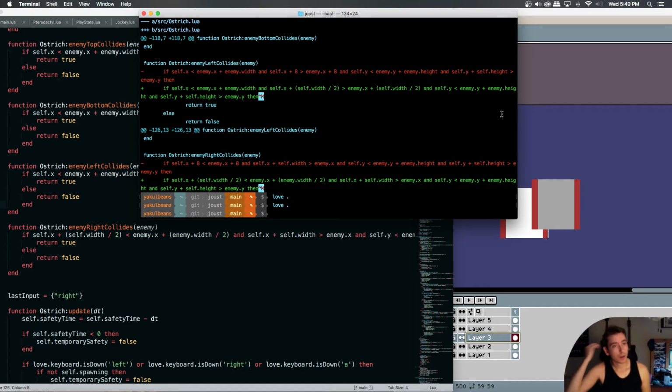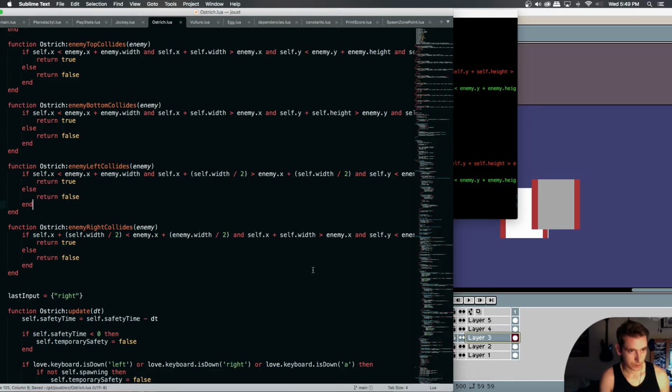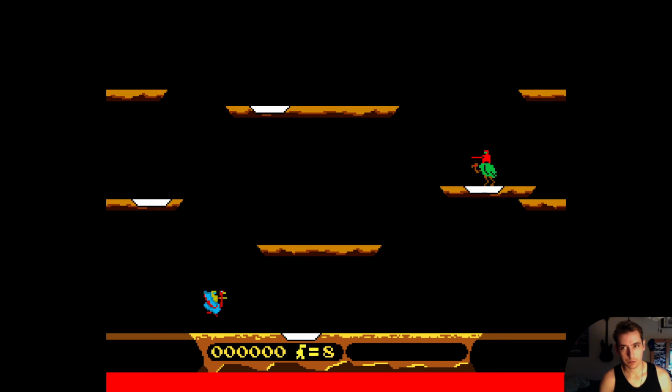So, I'll tell you what we need. Let me just see if we take out the return true, just for shits and giggles. We take out the return true on side collision. Okay, so it looks like the top collision or bottom collision isn't quite affected.